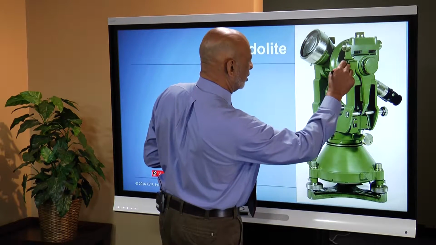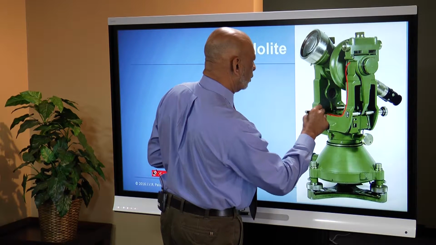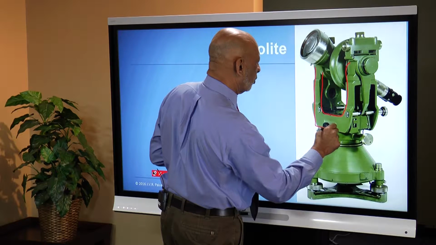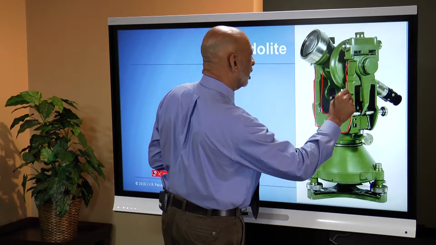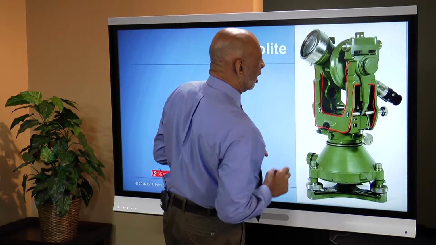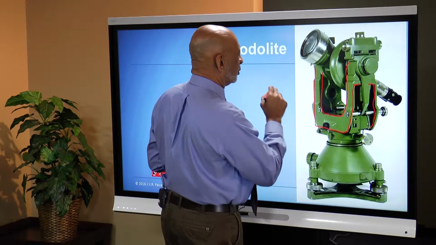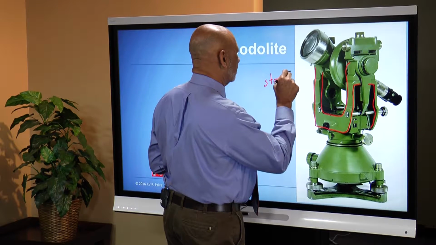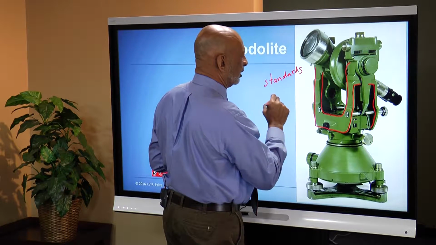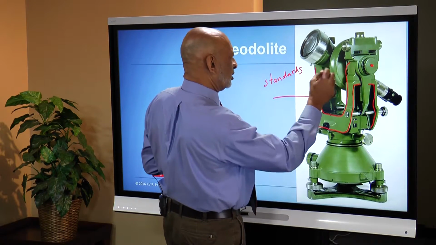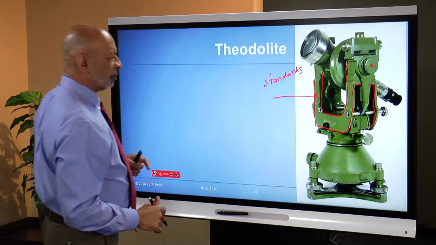So up inside this part of the instrument, which is often called the yoke, and that's Y-O-K-E, not Y-O-L-K as in an egg, but these are sometimes also referred to as the standards, because the standards basically contain the horizontal axis on which the telescope is supported.